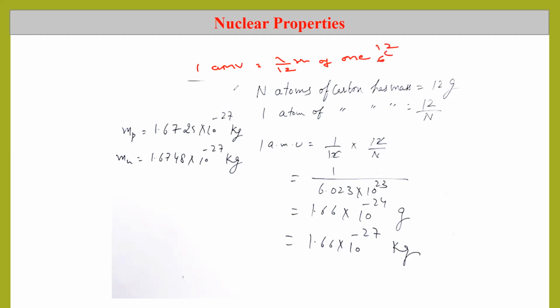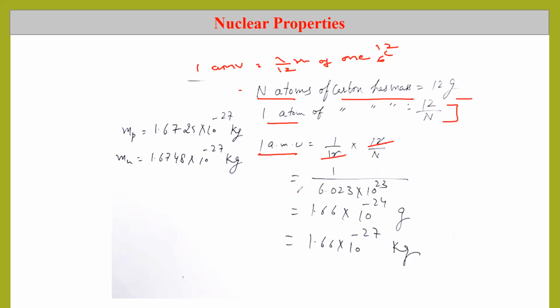Fine. Now, a mole of carbon has a mass of 12 grams. So the mass of one atom of carbon will be 12 by N, and we know that 1 amu is 1/12th of carbon. So 1/12 into 12/N. The 12 cancels. Now N is the Avogadro number, 6.023 into 10 to the power 23.